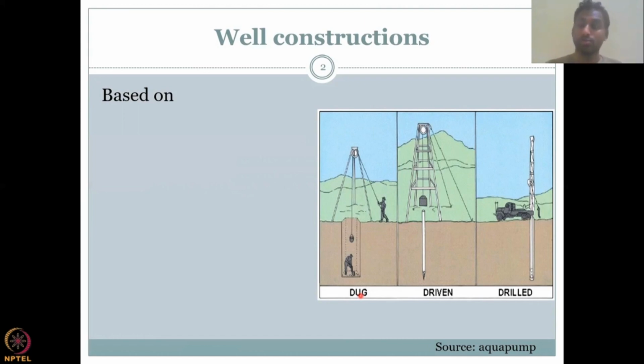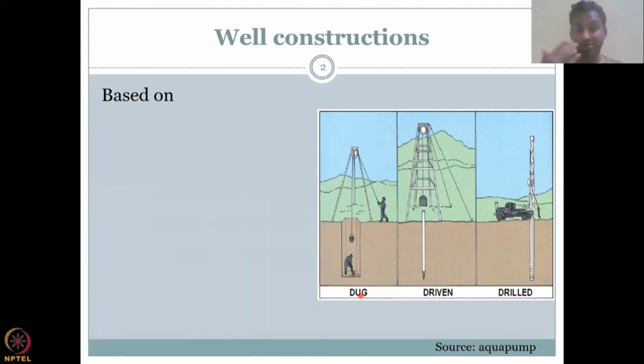Whereas driven is mostly in hilly terrains and such. One of the reasons is that you cannot take the truck up and then drill. So that is why they use driven methods. And then the drilled can be used almost everywhere, as long as your truck or the load which goes up can do it.